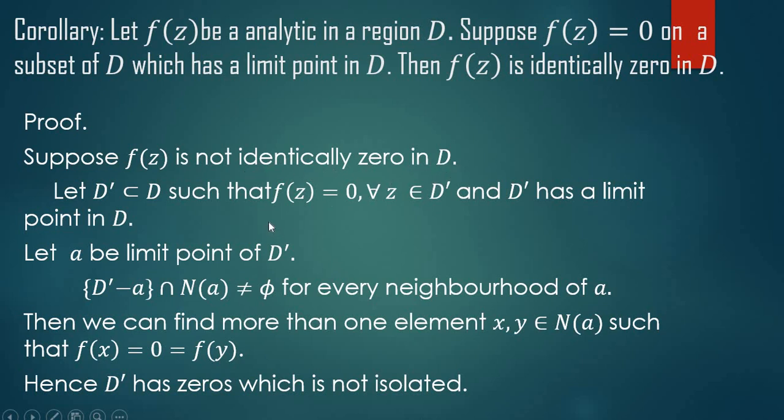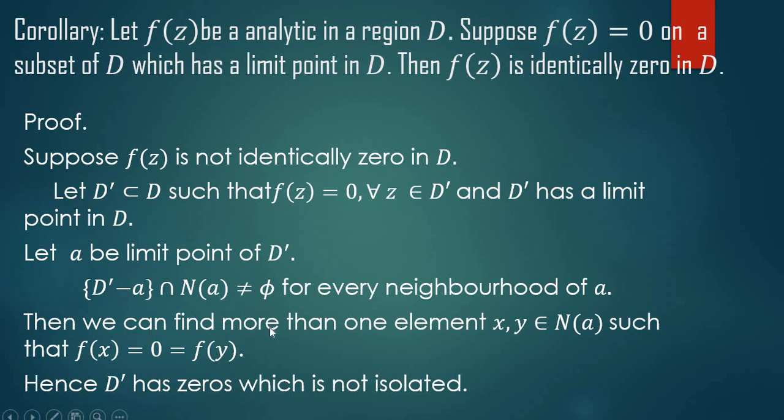Here we collect all the zeros for f(z) and we call that D dash. Obviously D dash is a subset of D. By the given hypothesis, D dash has a limit point in D. We take one limit point a of D dash and we use the definition of limit point: (D dash minus {a}) intersection N(a) is not empty for every neighborhood of a.